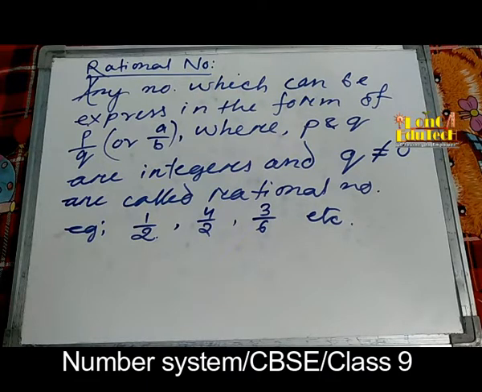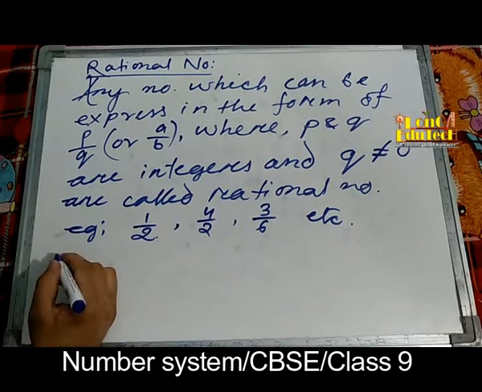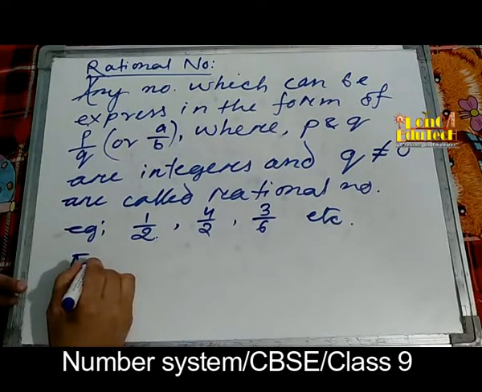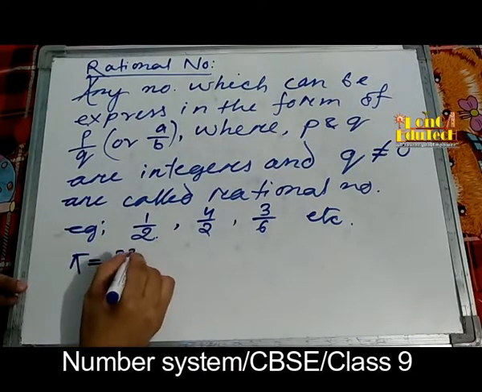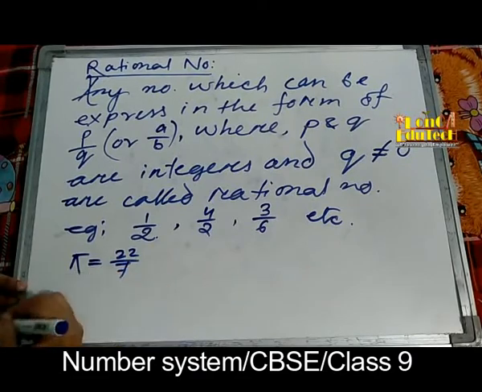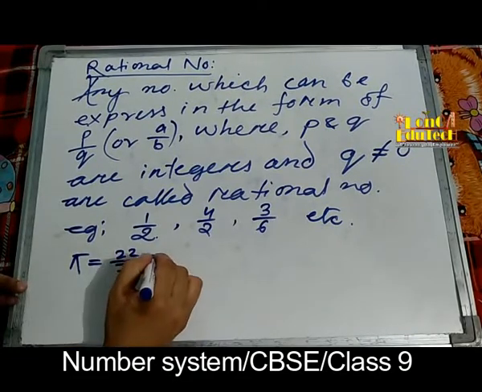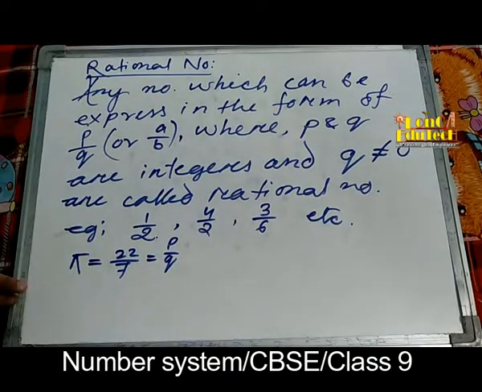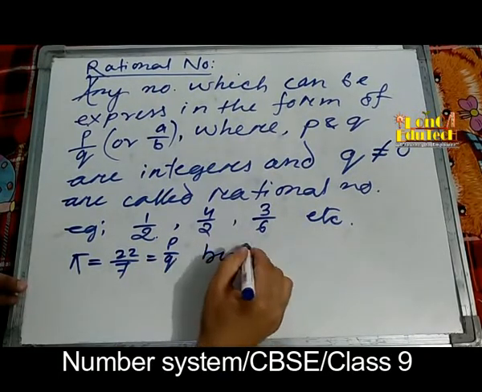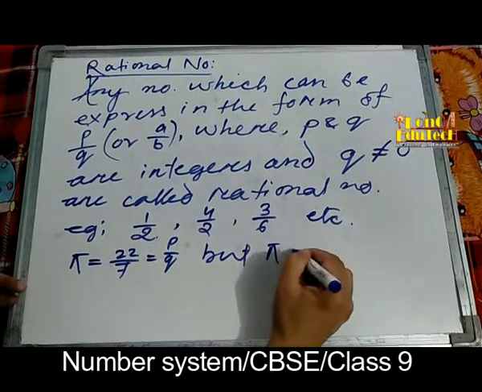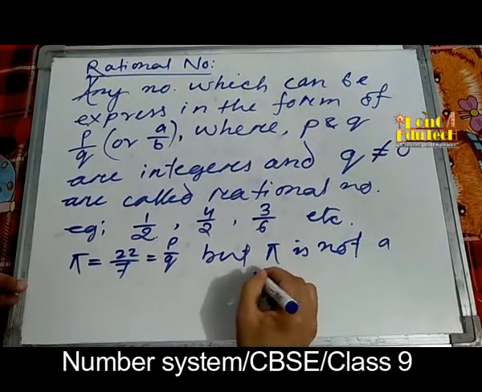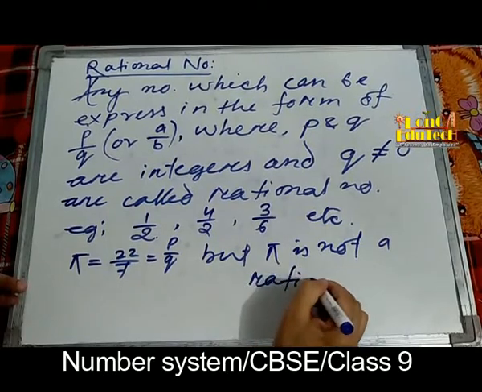Here we have to keep in mind the value of pi. The pi value is equal to 22 by 7, as we know. This is in the form of P by Q, isn't it? But pi is not a rational number.